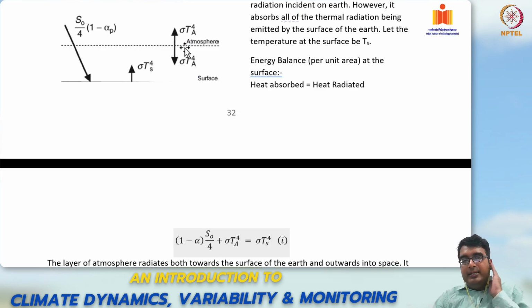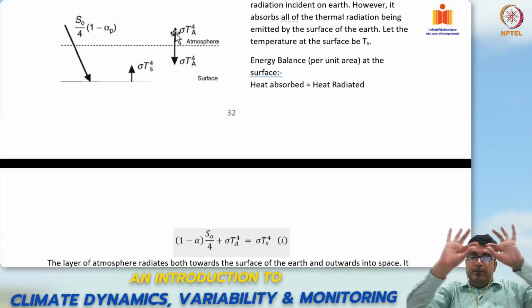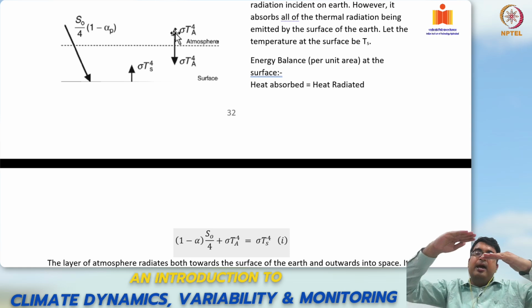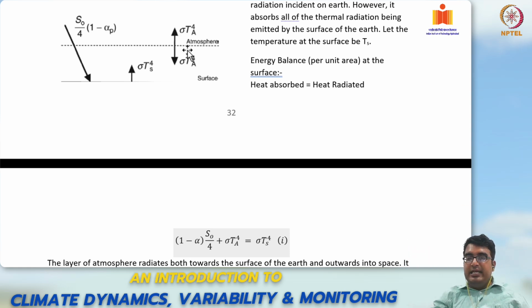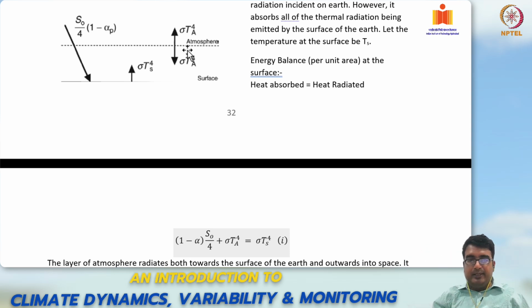This atmosphere is radiating heat both towards the surface and towards the space. Because it's a layer at a certain temperature, it radiates heat both upwards and downwards. There are two surfaces, one surface facing the Earth, another surface facing space. Both these surfaces are at temperature Ta because it's an isothermal layer, and so both will radiate heat. Correct. So, the surface is also receiving heat coming from the atmosphere.